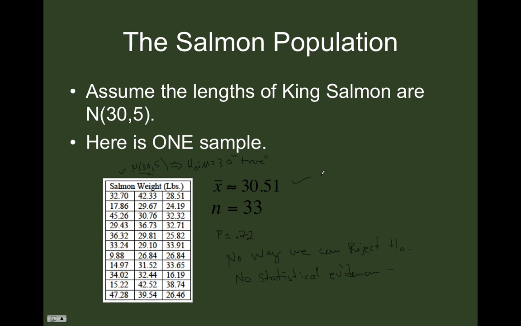Now, again, this is what type 1 error is all about, because it's certainly possible for me to take a sample of size 33 from this known population and end up with a significant sample mean. It's just that it shouldn't happen very often. Type 1 error rate is what dictates how often that will happen.